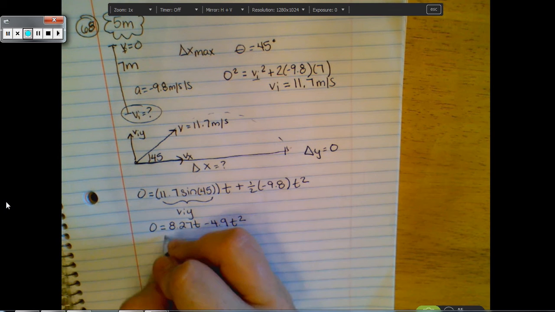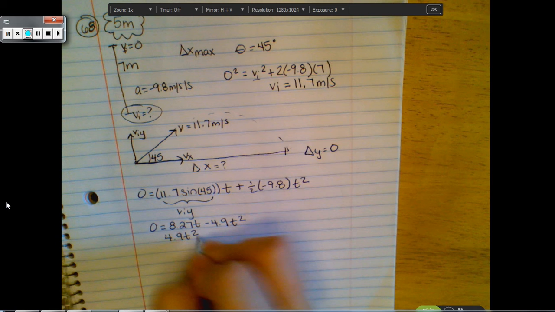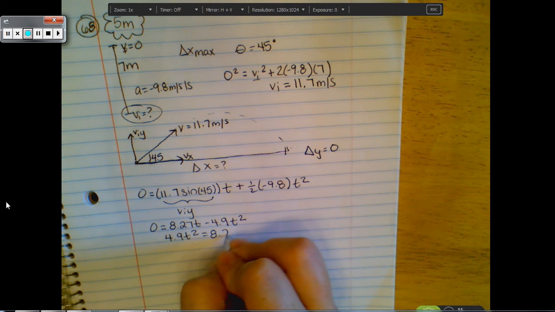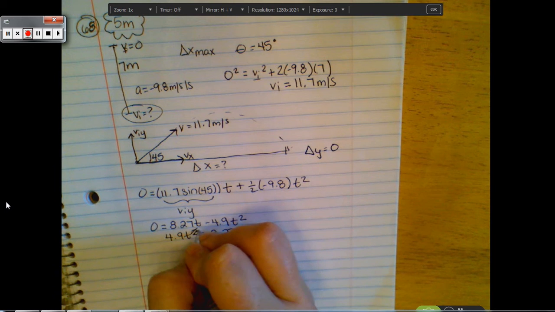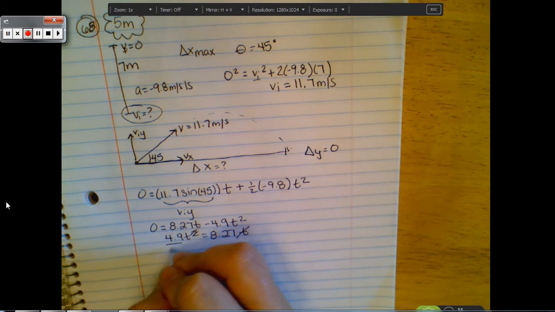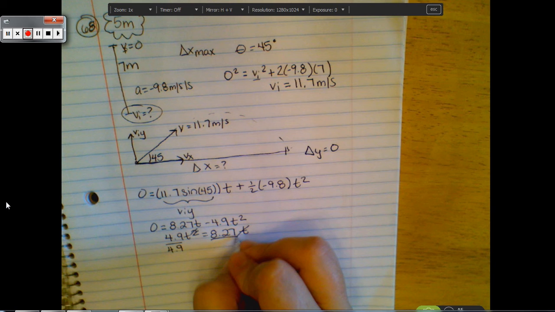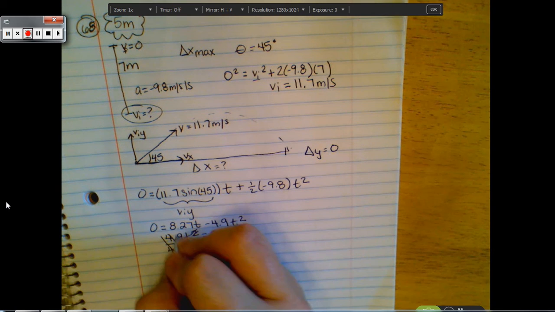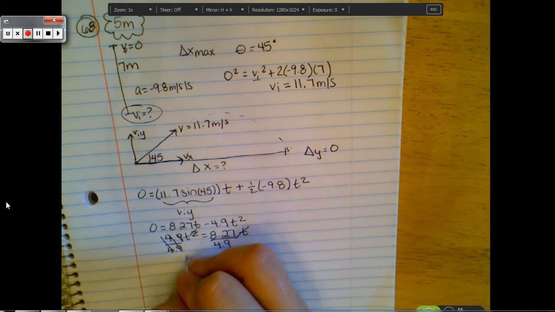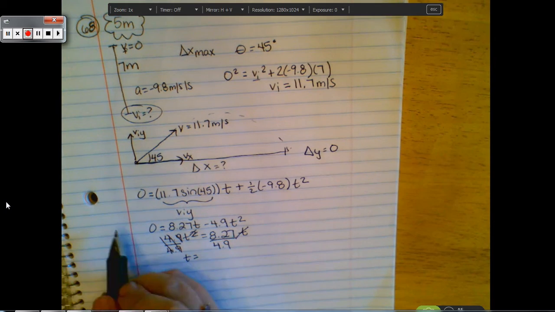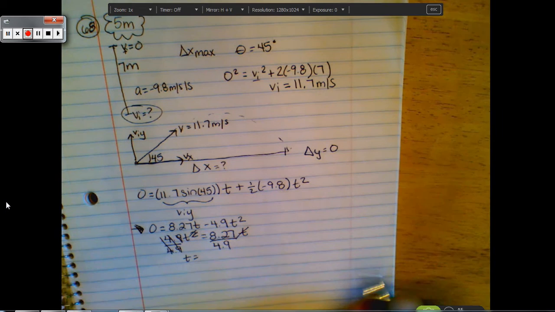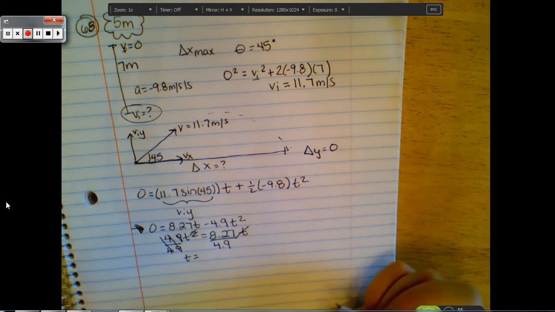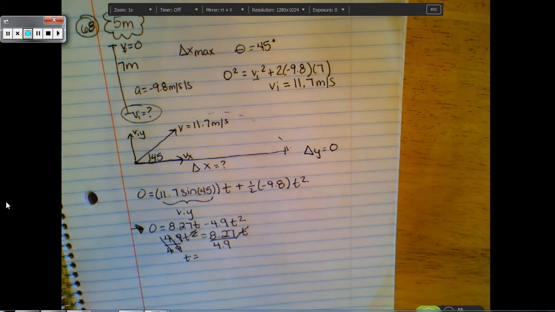So take this to the other side, you get 4.9 T squared equals 8.27 T. This T cancels with one of those. Divide by 4.9. Remember, if your calculator has the solve function, then you can just type all of that in, tell your calculator to solve it for t or x, whatever variable you're using, and you'll get the right answer.